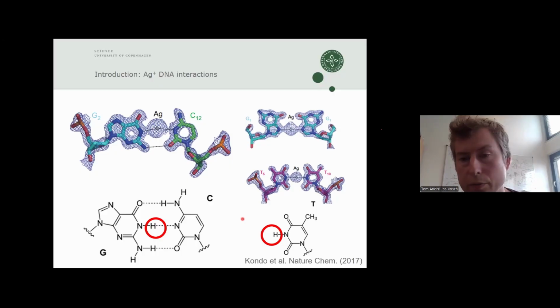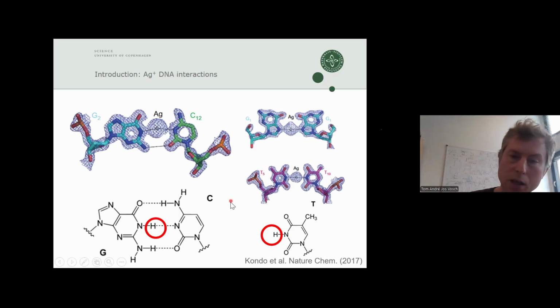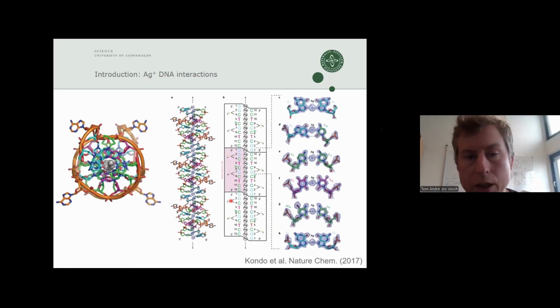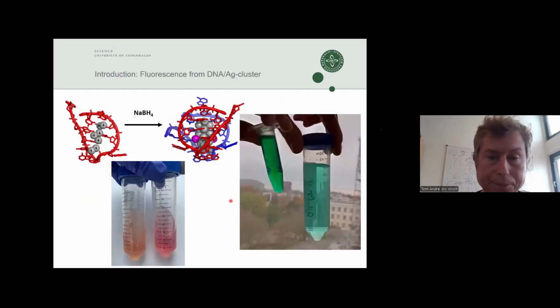Additionally, silver can also make mismatches. For example, here we can bind a G with a G and a T with a T. He had this very nice structure where he made a one-dimensional array of silver-mediated base pair interactions up to micrometers long. So it shows you that silver really likes to bind to DNA and to nucleobases.